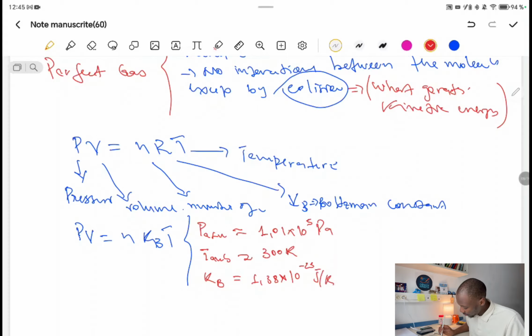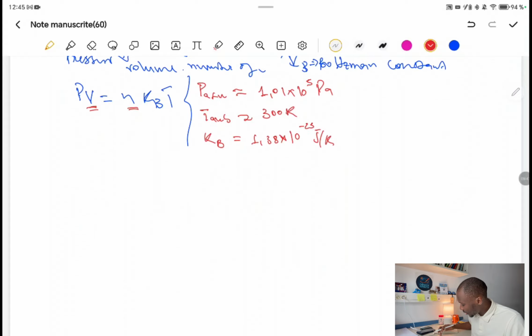So what is missing for us here is actually the volume and the number of moles.